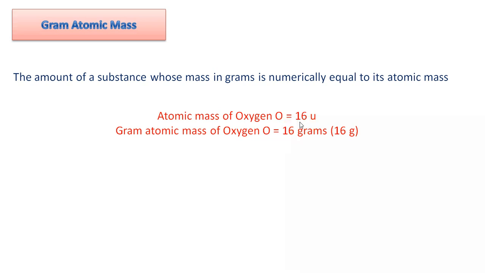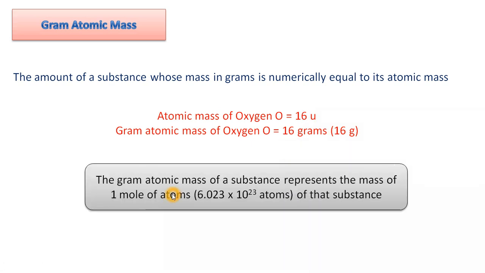Now, when we express the 16 units in grams, that means instead of 16 units, we write it as 16 grams. Then it becomes the gram atomic mass of oxygen. So the gram atomic mass is nothing but the atomic mass expressed in grams. And you have to write the symbol g instead of the unit.